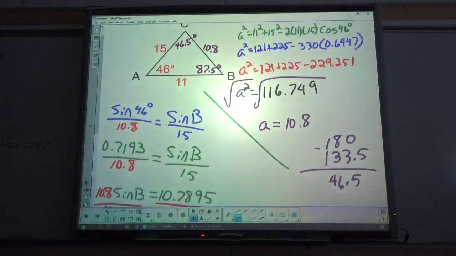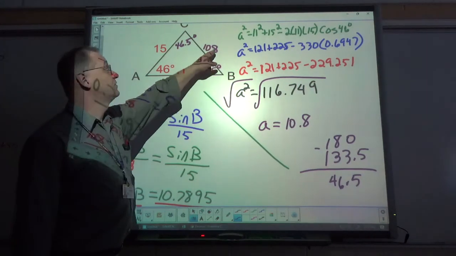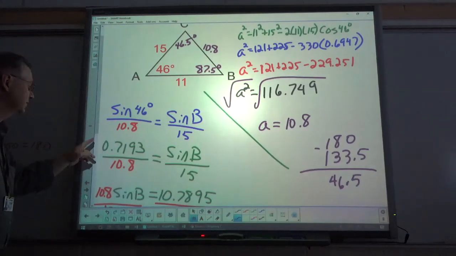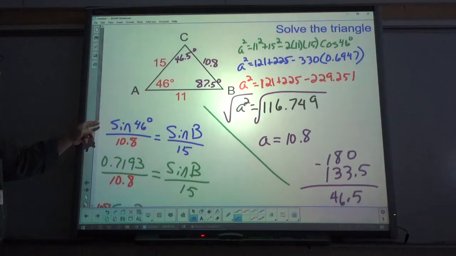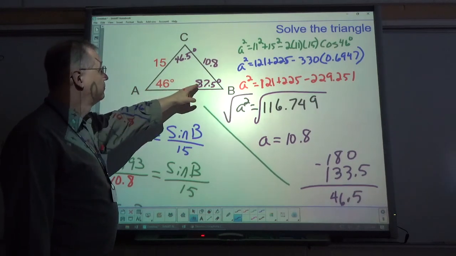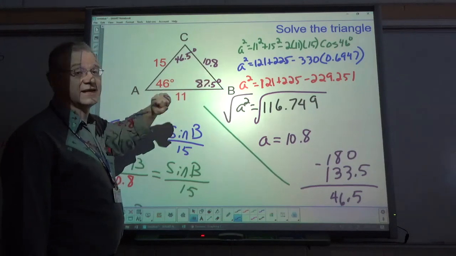That is so close. It's only a half a degree different, and this is only 2/10 different. So that makes a lot of sense as to why they would be so close. All right, biggest angle, biggest side, smallest angle, smallest side, and the middle.